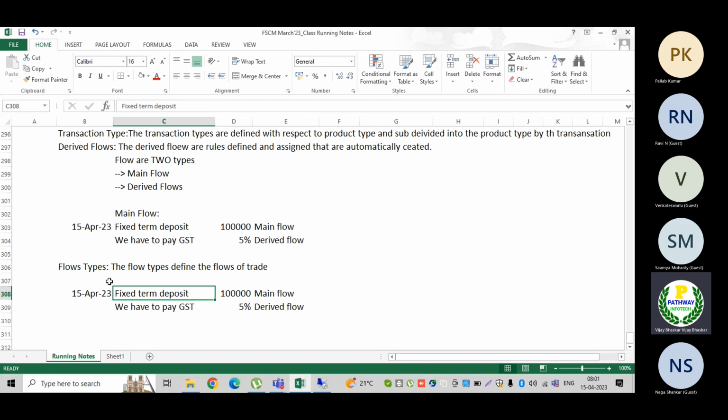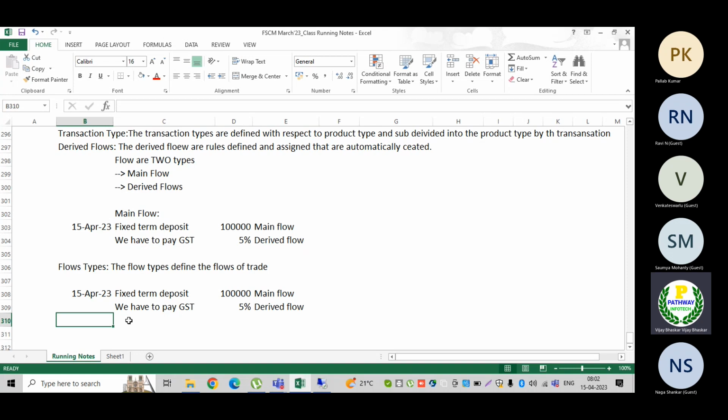In such a situation, we must show the accounting entries in the books of accounts for the deal creation as well as the financial transaction. If I want to perform these transactions, the flow types play the key role. Without flow types, we cannot create the document in accounting. The flow types play the key role, that is what I was telling.